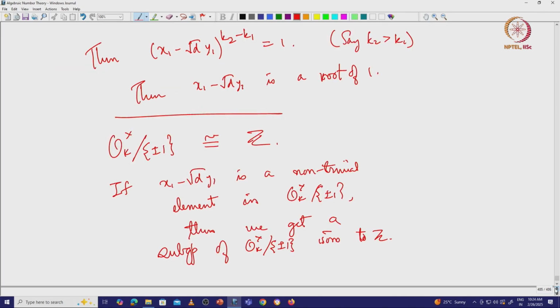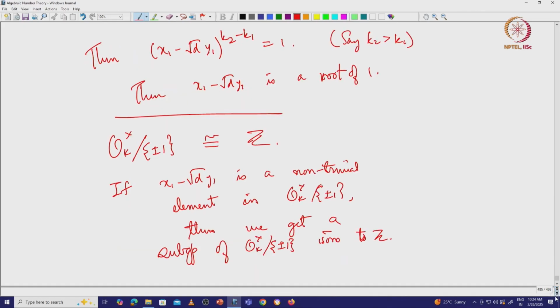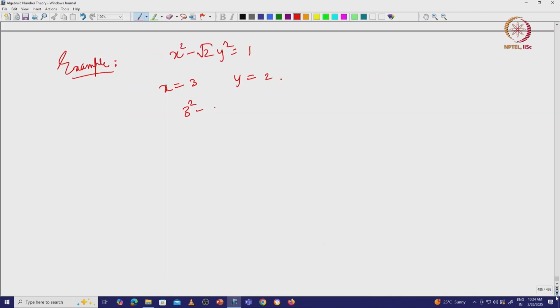So, I get 3 squared minus, yeah, I think I made a mistake. So, here I was writing it correctly. I want to solve this with 2, not square root of 2, right. This is the same as saying the norm from Q(square root of 2) to Q of x minus square root of 2 y is equal to 1. Okay. So, 2 into 4, right, this is 1.